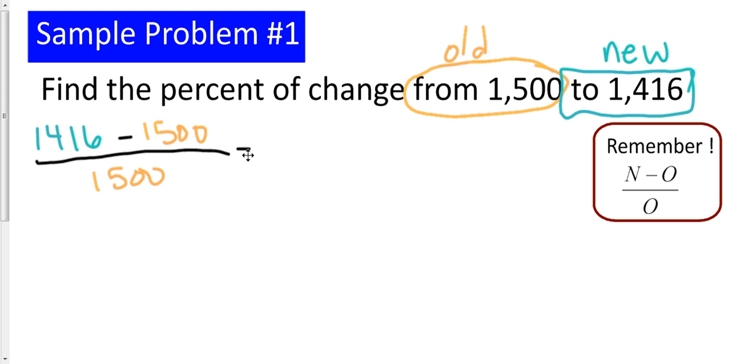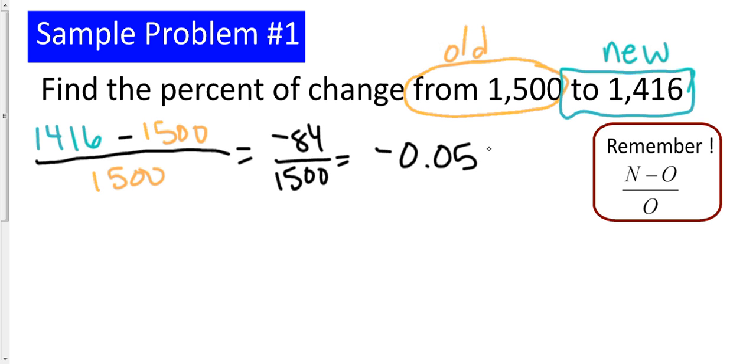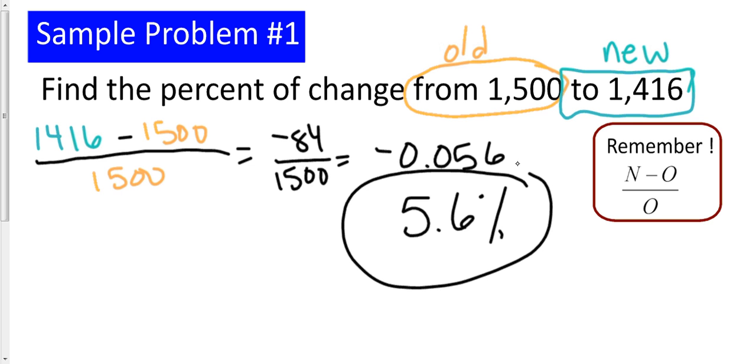So 1416 minus 1500 is negative 84, and I need to take a negative 84 and divide that by 1500, and I get negative 0.056, and I want to change this to a percent by moving the decimal 2 times to the right, so I am decreasing 5.6%.